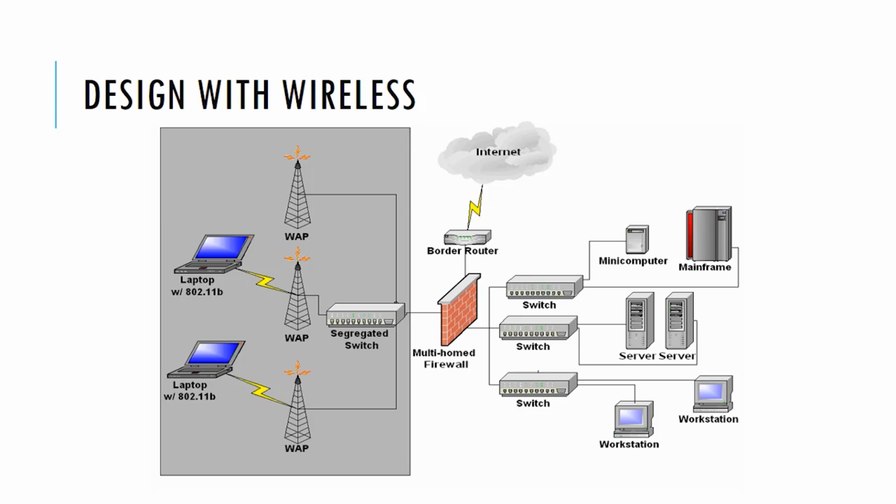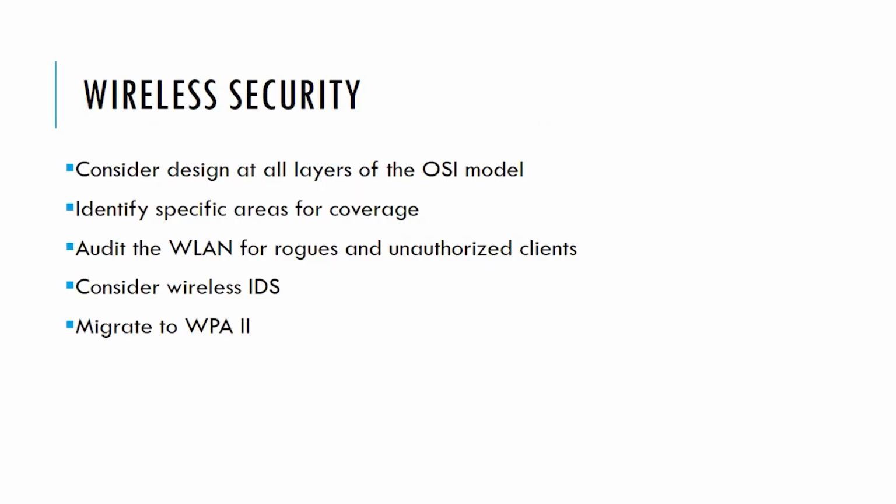All the traffic passing from the wireless network to the wired network is investigated and checked by the firewall, as you can see. So this is a point of design. This is a point that you can take into consideration while designing your network with both its wired sections and wireless sections.